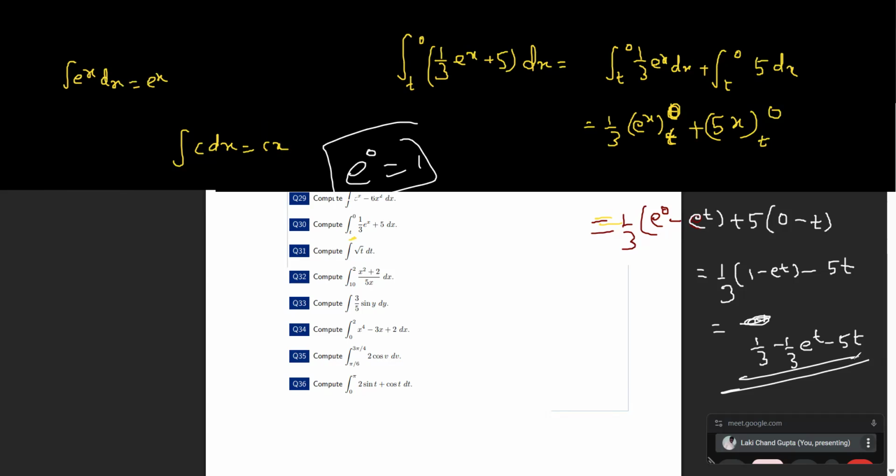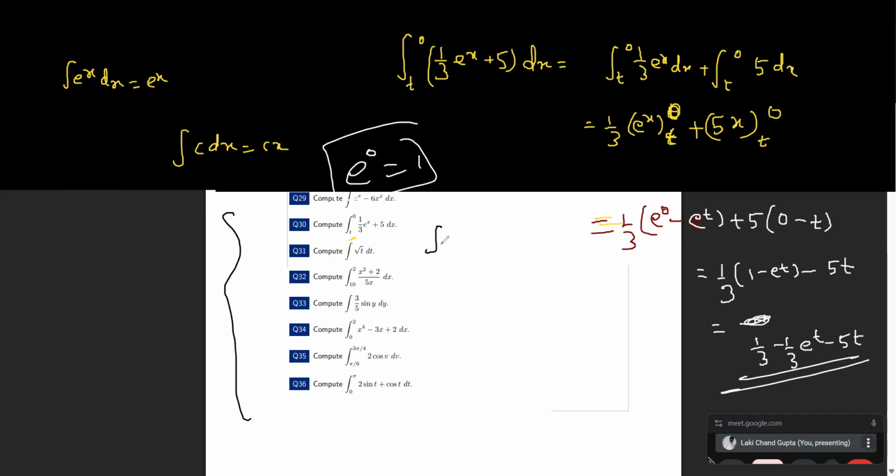So I'll try myself, and if I have any question I will ask you in this session. At least you will try once, then you will get how it operates, right? Yes. All questions are based on basic formulas.